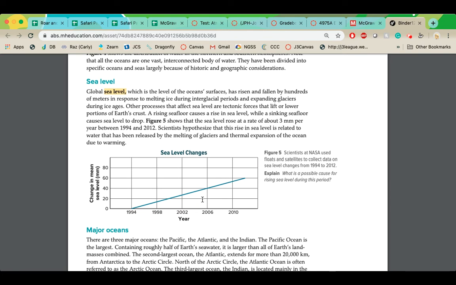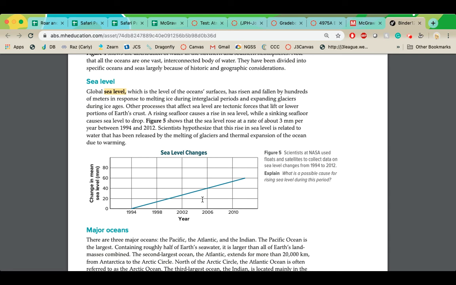So, global sea level is the level of the ocean surface, and it has risen and fallen by hundreds of meters at different points in our Earth's history. Rising sea level can cause flooding, it can cause habitat loss. So, it's something to watch.